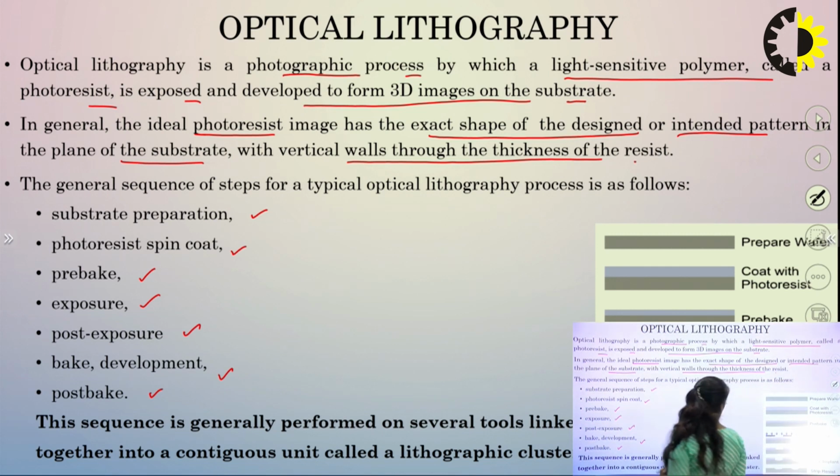Let us check the diagram quickly. We have this wafer, over which PR is applied. This PR is a liquid material, so it should be dried. It is pre-baked, then the mask is aligned, and we can see that the mask is exposed to the UV light.